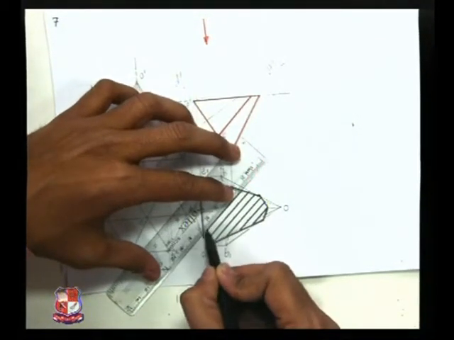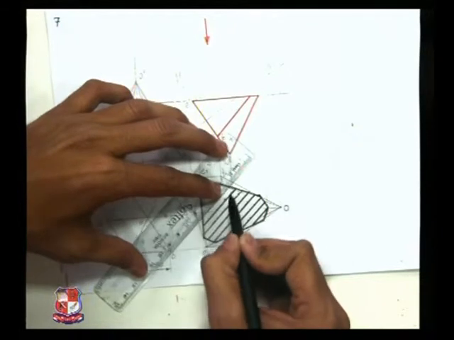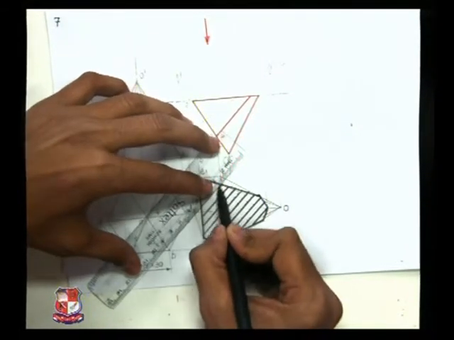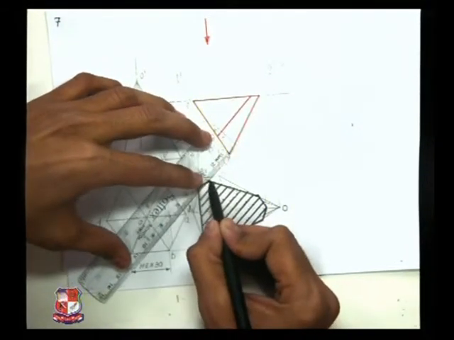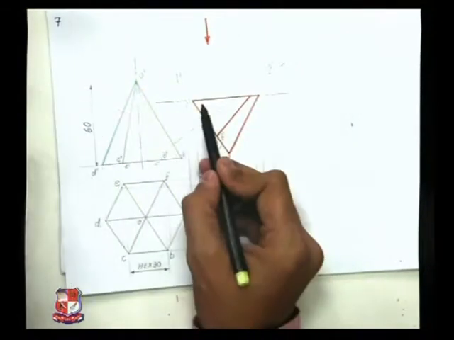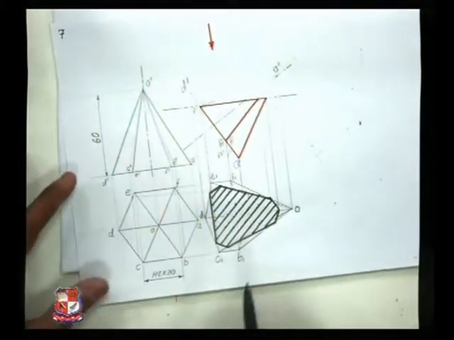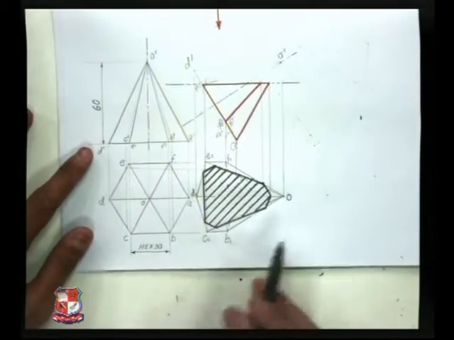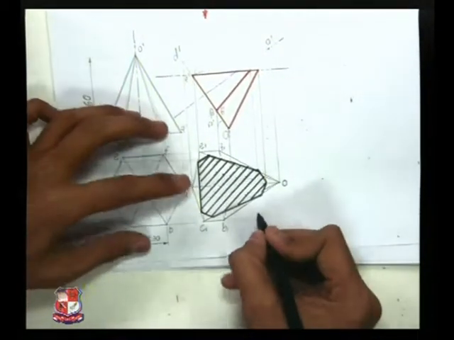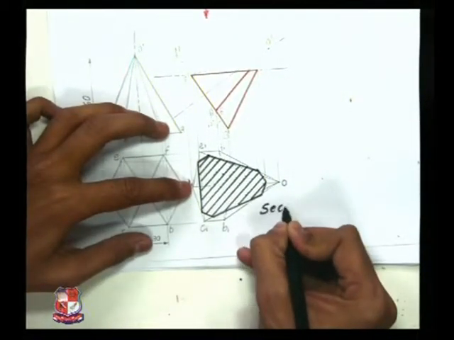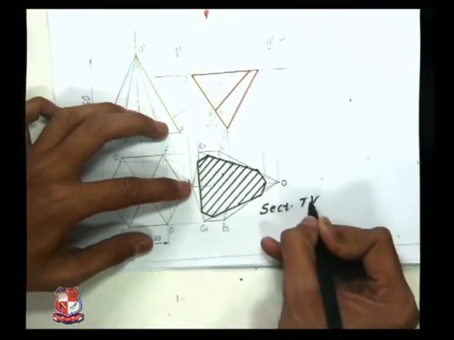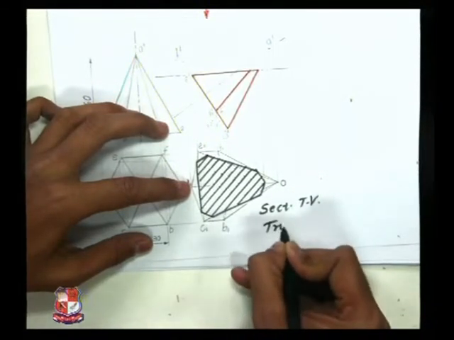And what do you say about this shape, whether it would be the true shape or not? As per our previous problem, here also the cutting plane is parallel to the XY line, so this is also the true shape of the section. So you can write here: it's a sectional top view as well as true shape.